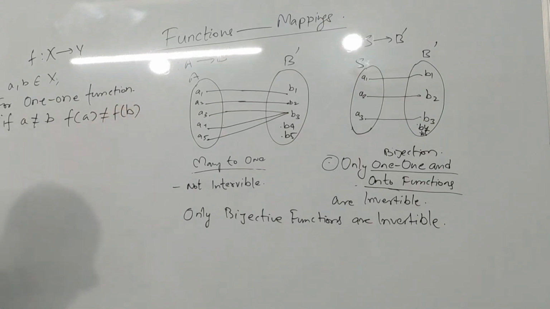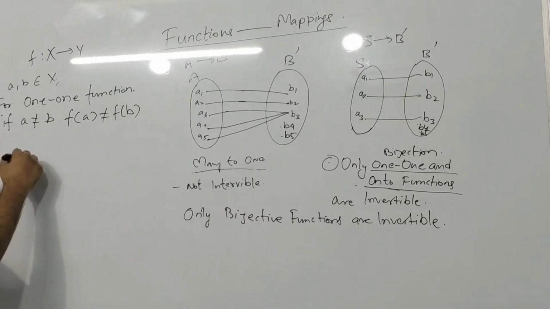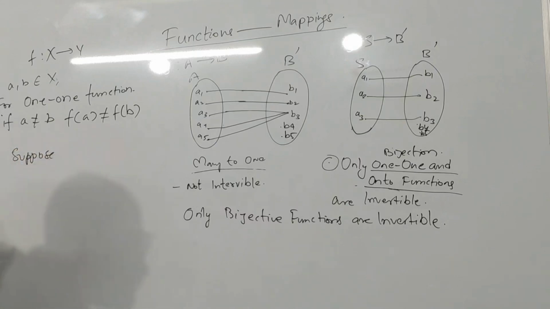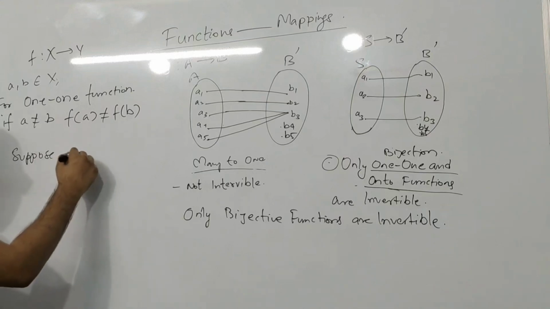Right? So how do you prove a function to be one-one? You take any two arbitrary elements and assume them to be different.